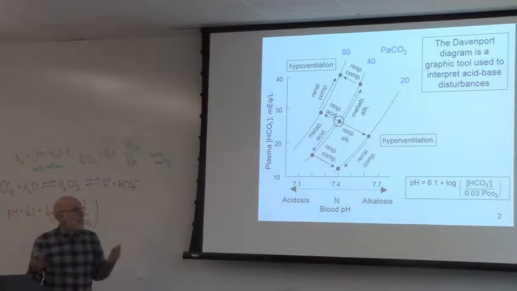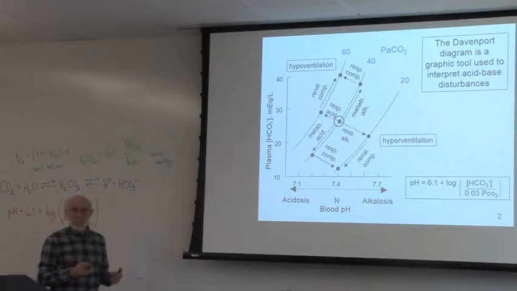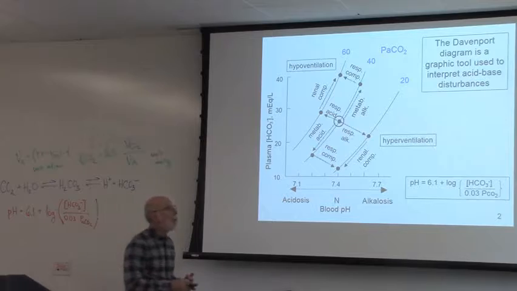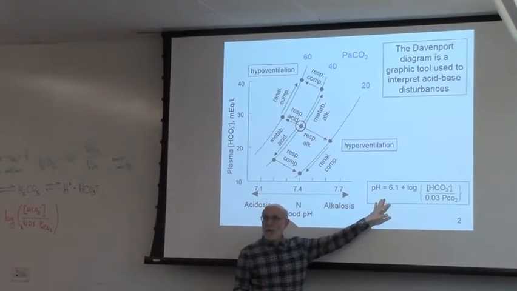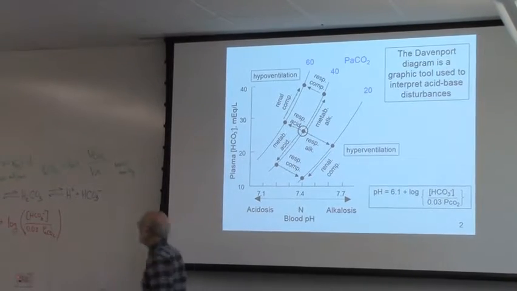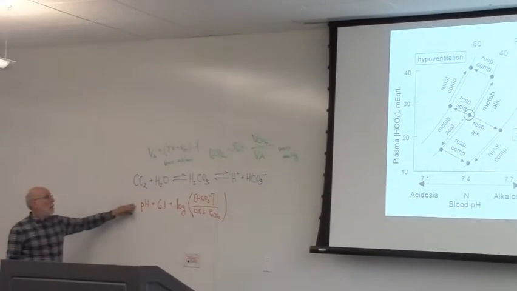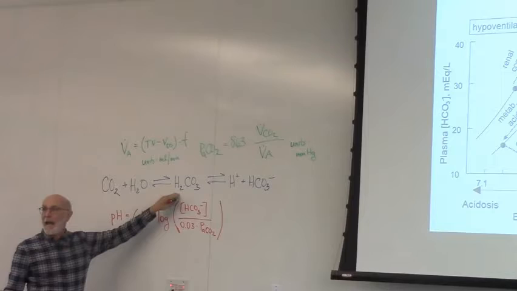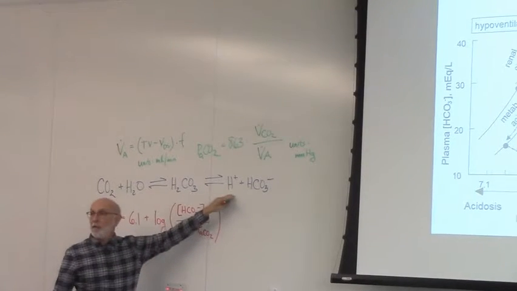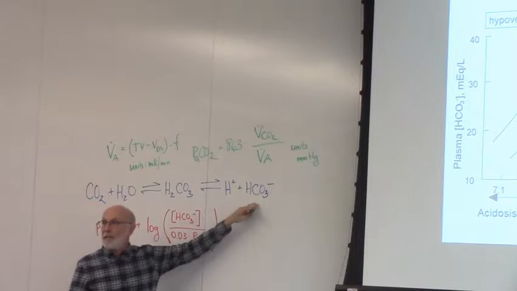So here's the Davenport diagram that I showed a week ago. It's a graphic representation of the Henderson-Hasselbalch equation. So remember that the Henderson-Hasselbalch equation comes from the fact that CO2 and water form carbonic acid, and that it dissociates, like all acids, into a strong acid and a weak base.